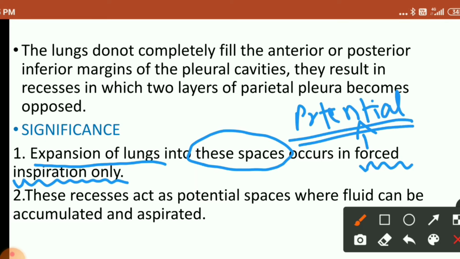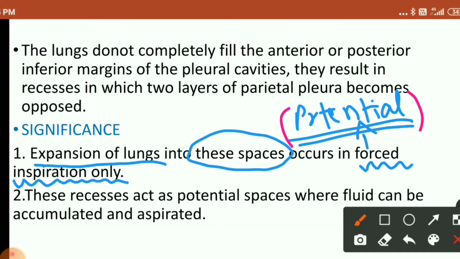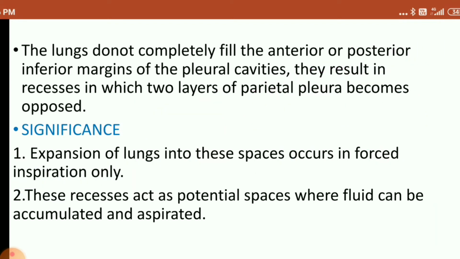You can also say that they are the enlarged pleural cavities. Yes? Okay. And what is the other significance?